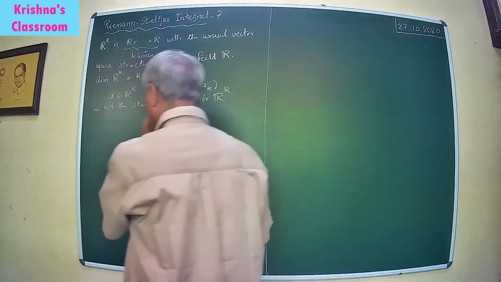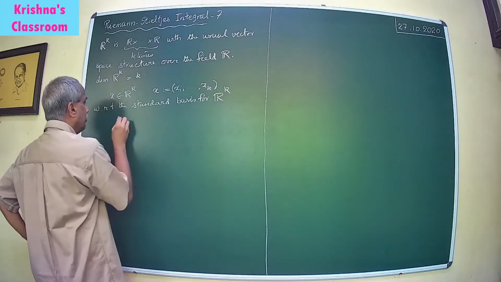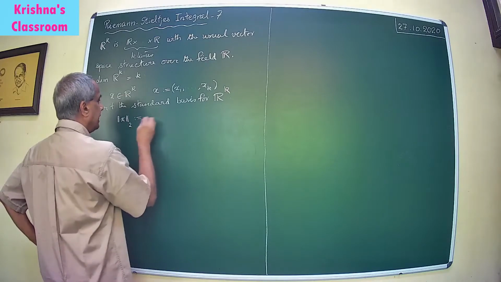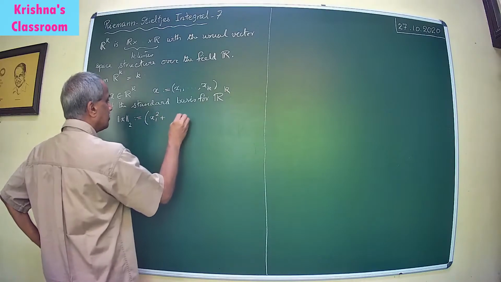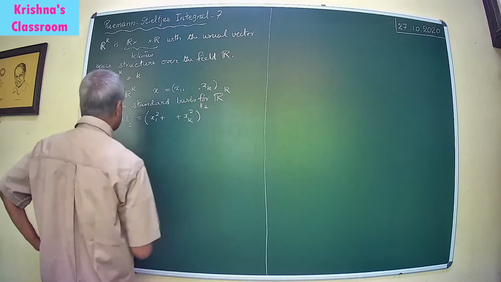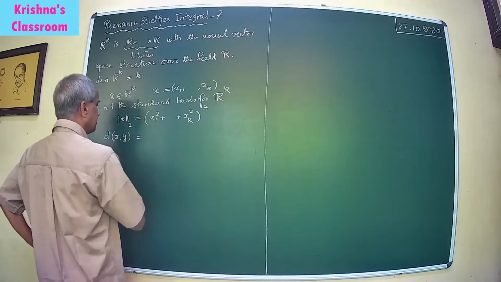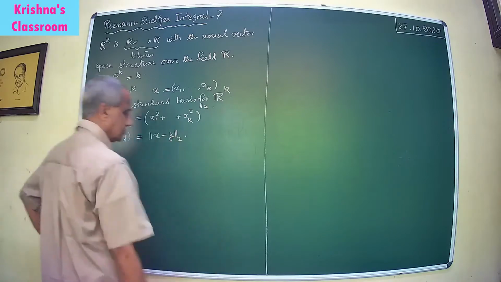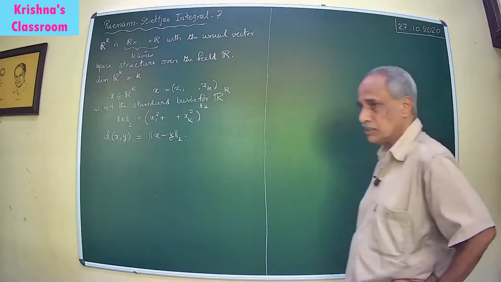We also introduce a norm. Norm is the usual L2 norm, let me put 2 here, defined as the square root of the sum of squares. Therefore it's a metric space. So that's about the space in which we work.